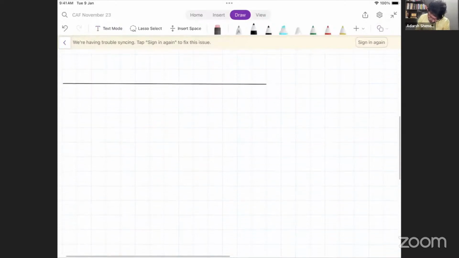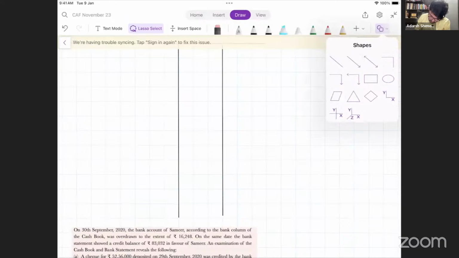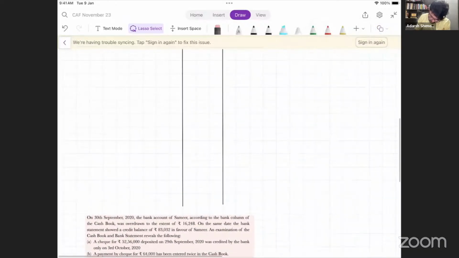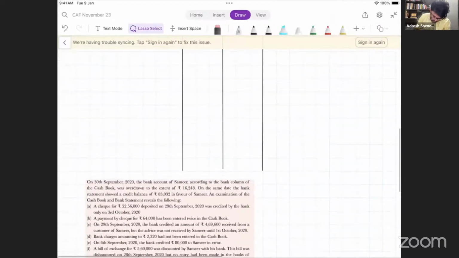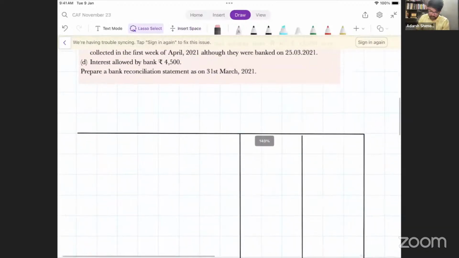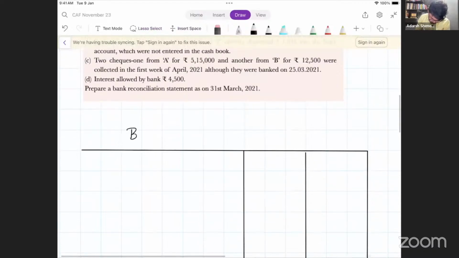So you need a particulars column and you need two amount columns, inner amount and outer amount column. So this is the bank reconciliation statement as on.